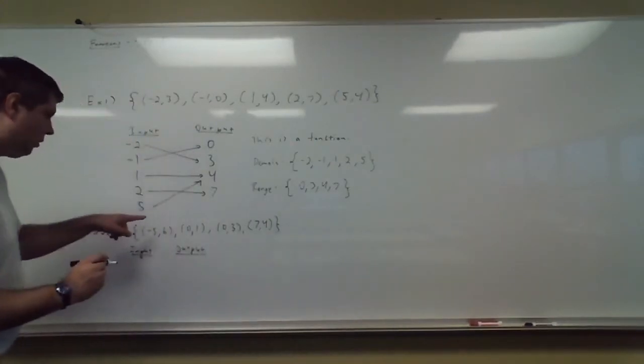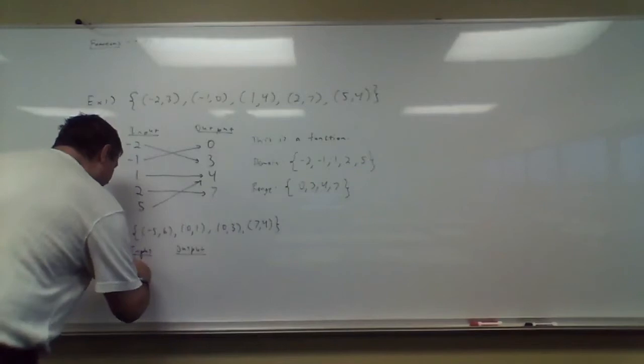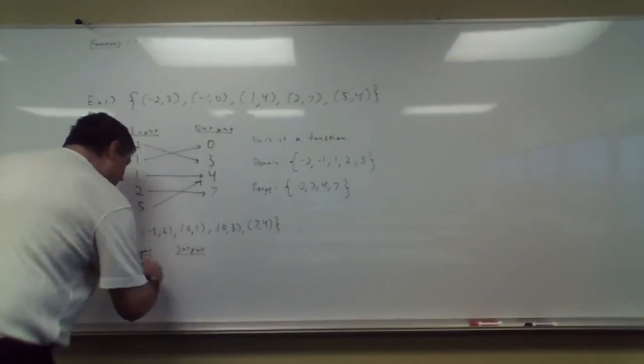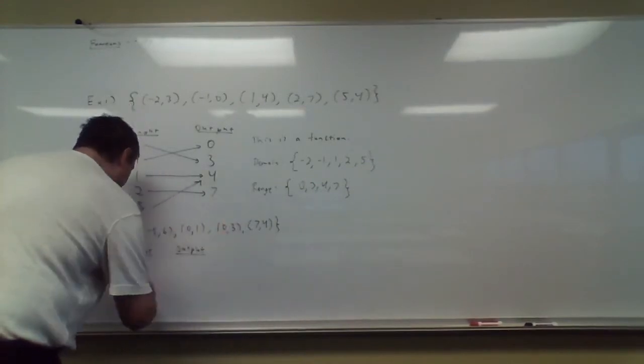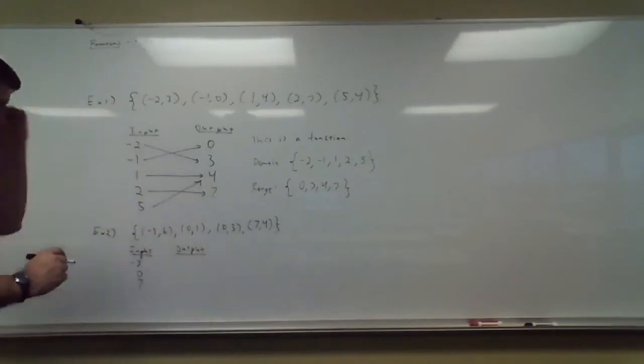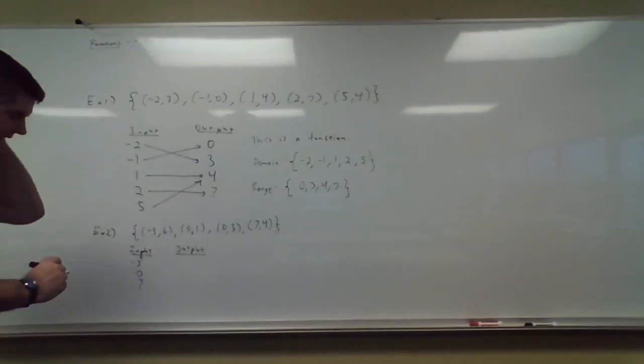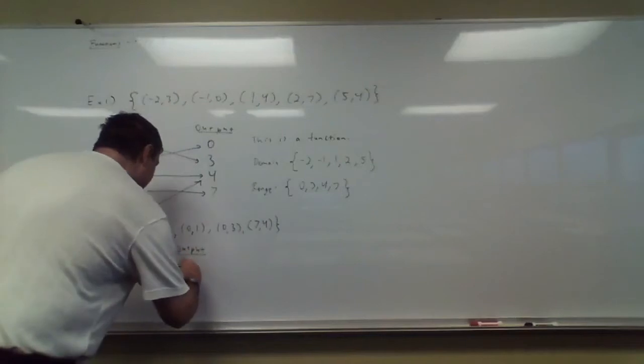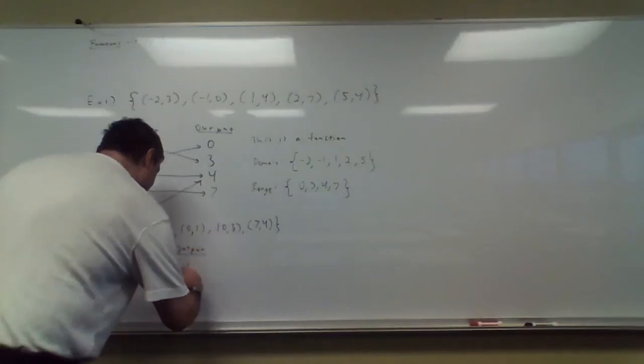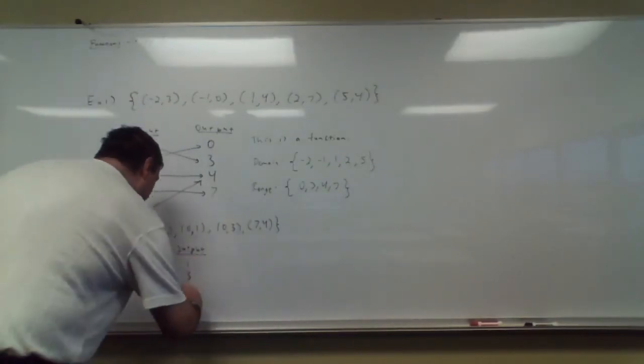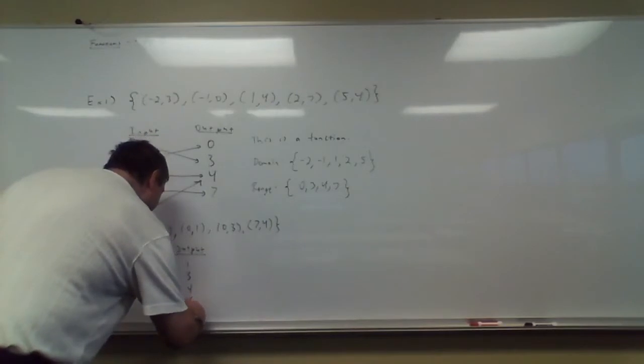The lowest input I see is -5. I have 0. I'm not repeating the 0, and then there's 7. The lowest output I see is 1, then 3, then 4, and then 6.